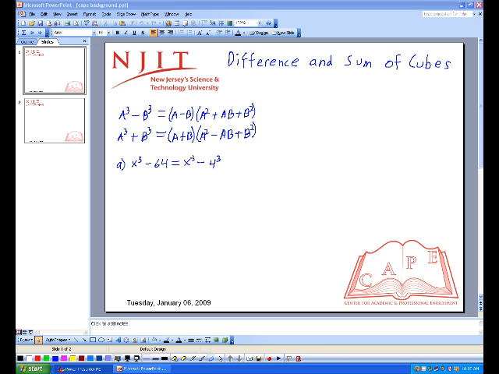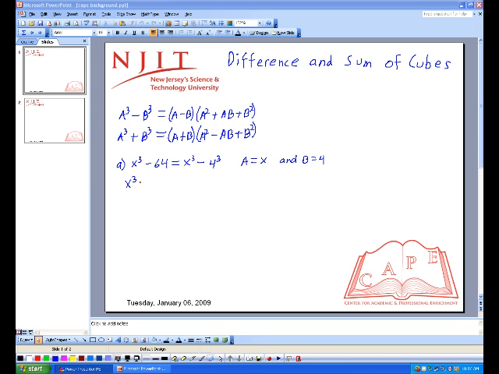So now we know what's going to be a and what's going to be b. It's easy to see that in this case a equals x and b equals 4. So now we can simply put it into the formula.